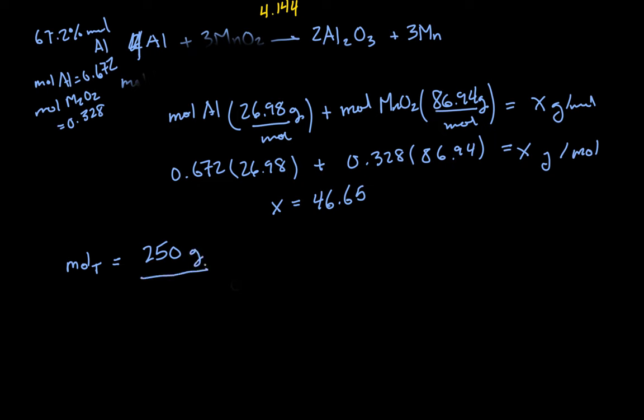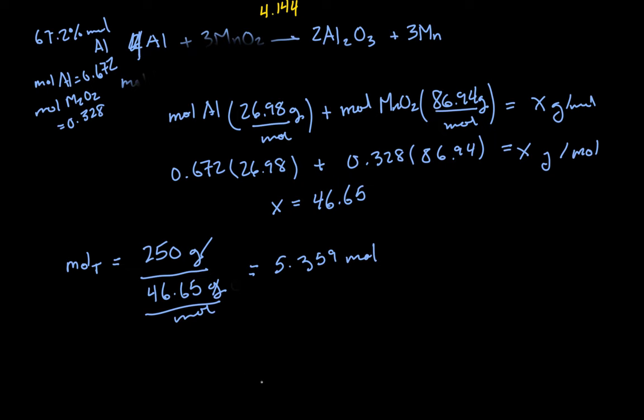All right, and that is divided by the formula weight that we just got from our weighted terms, grams per mole. Grams cancel for moles. This gives us total moles of 5.359 moles. So this is how many moles we have total.